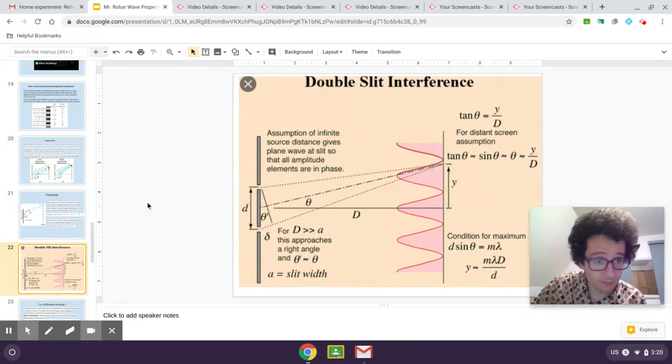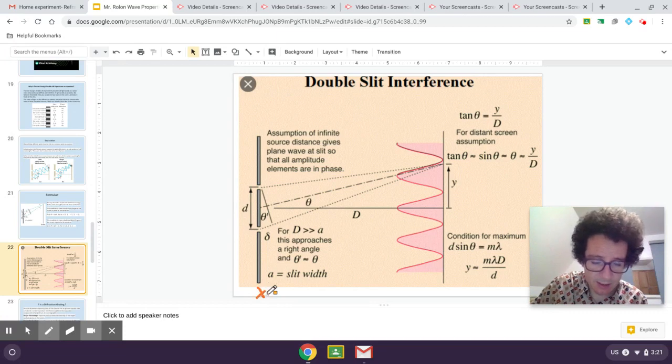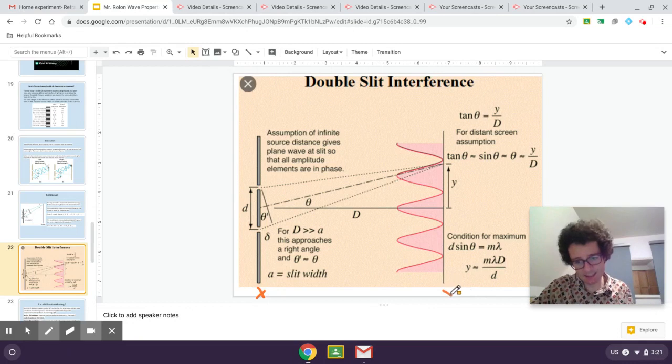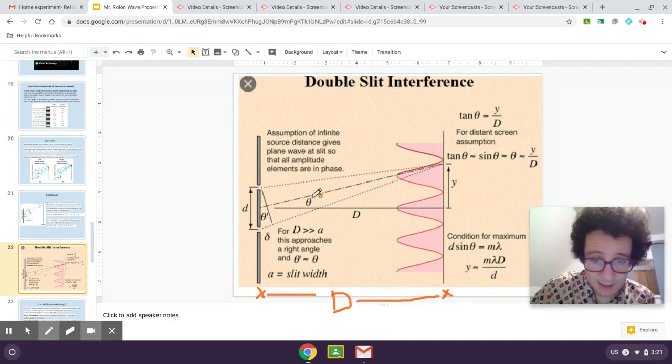There's another value that is important for us to be aware of, that is the distance that I was telling you about before, the distance between the grating and the screen, which is called D, but capital D. And I was telling you about this angle here.